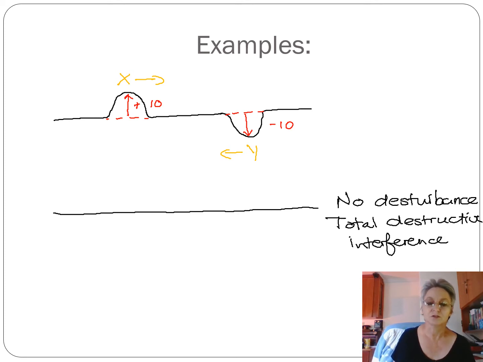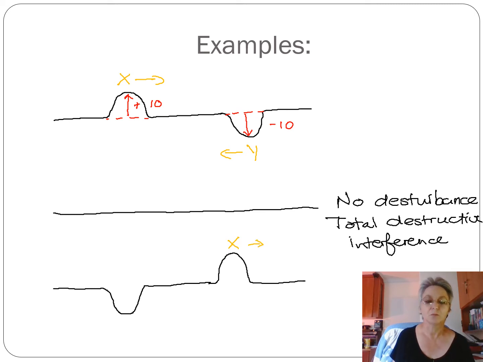You have no disturbance. After they have met, though, you will find that pulse Y will continue moving to the left unchanged, and pulse X will continue moving to the right unchanged.